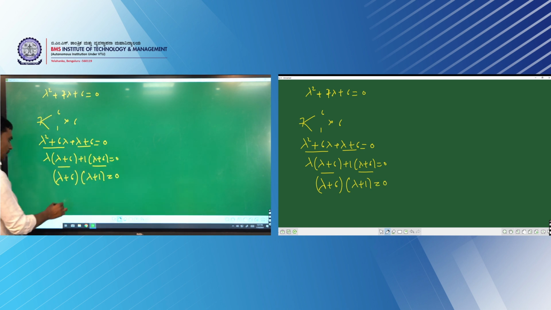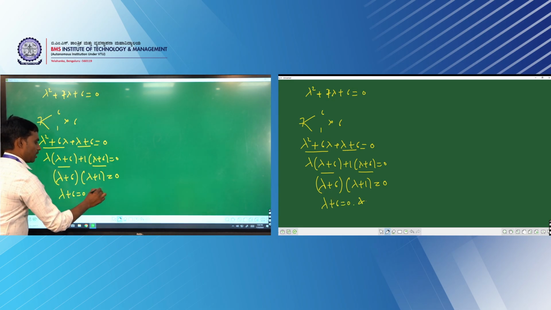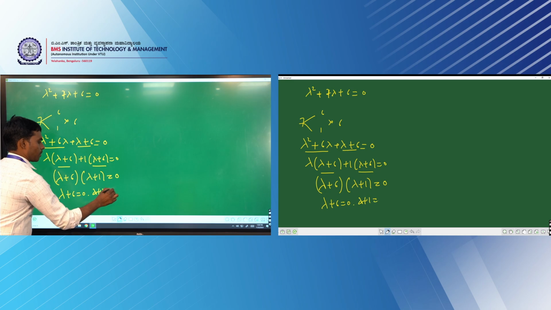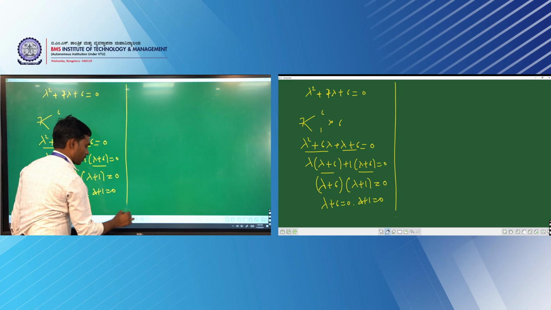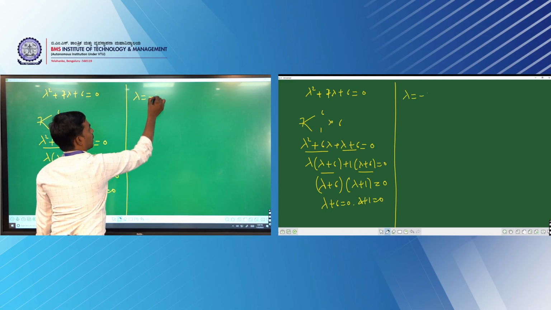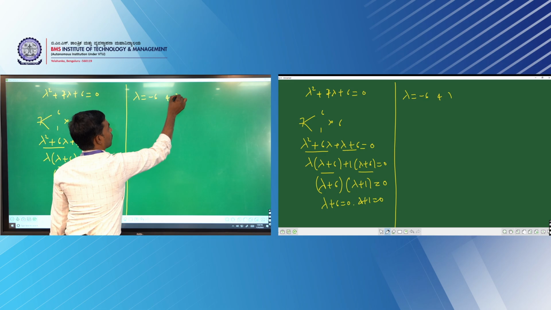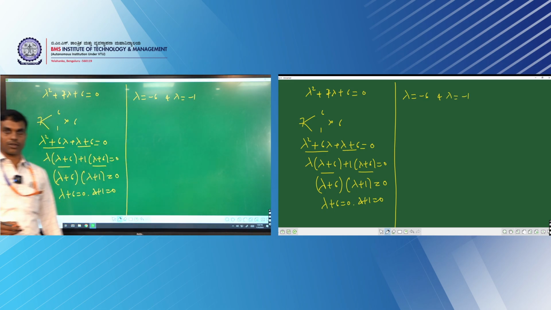That means lambda plus 6 equal to 0 and lambda plus 1 equal to 0. That means lambda equal to minus 6 and lambda equal to minus 1. These are the eigenvalues of the given matrix.